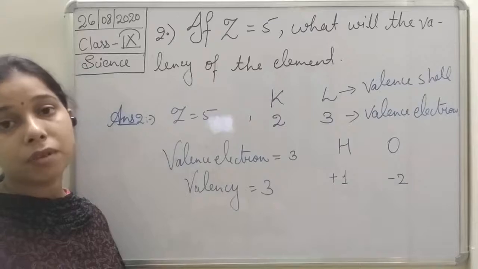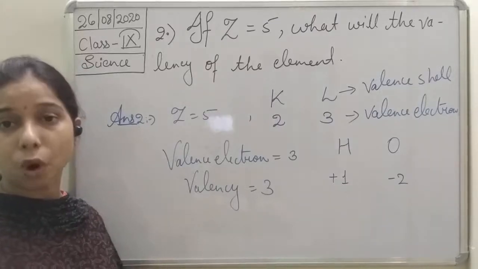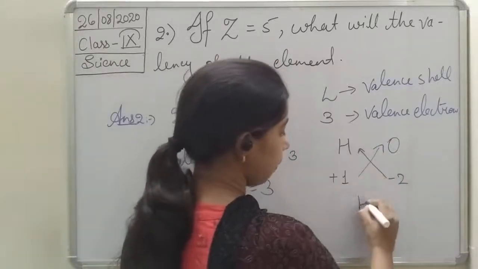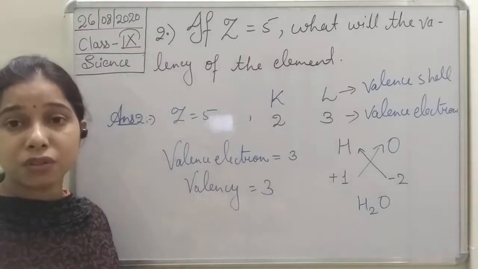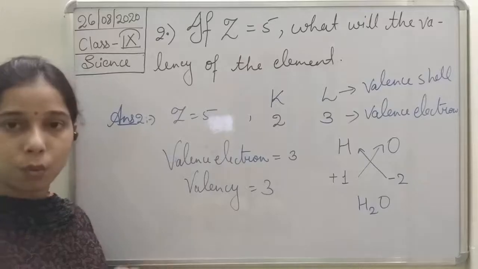Whatever the charge present on the particular element will decide the formula. So here it will crisscross each other, and by this we can say it will be H2O, since we never mention the sign, and that is why it will be 2 and 1.